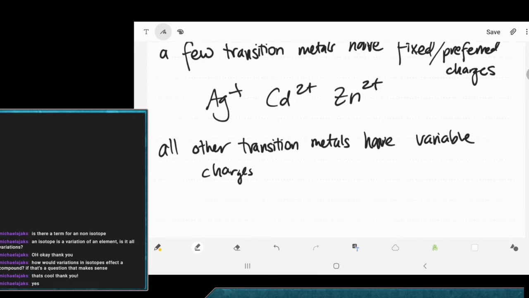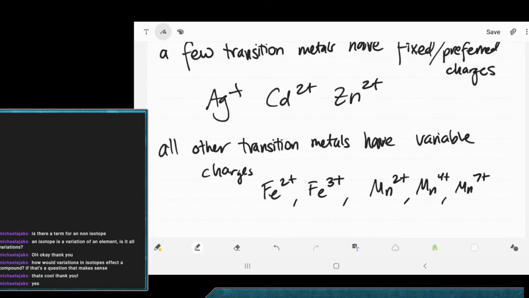For example, most commonly you'll find iron in these 2 flavors. Iron often comes as +2 or +3. These are very common. Manganese likes a whole bunch of different types, all the way up to 7+.